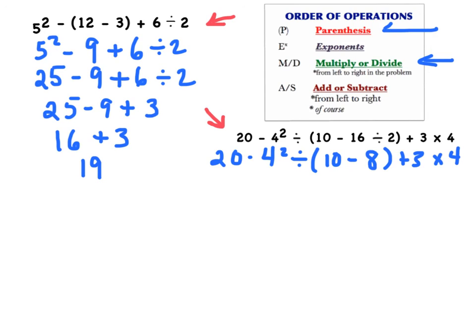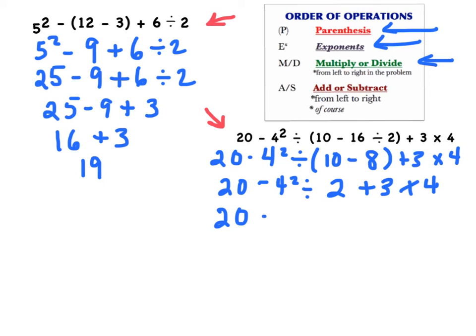We got to get rid of those first. 20 minus 4 to the second power divided by 10 minus 8 equals 2 plus 3 times 4. Next step, we're finally at exponents. 20 minus 4 to the second power, which is 16, divided by 2 plus 3 times 4.